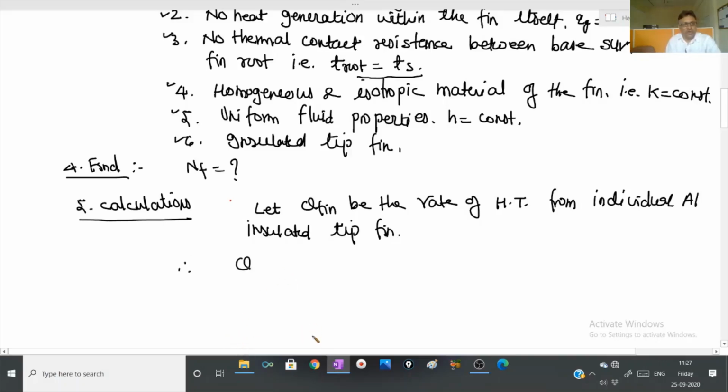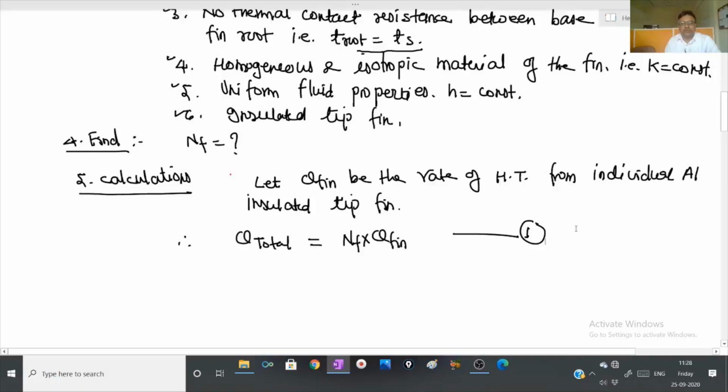So in order to dissipate this total amount of heat from the semiconductor device, Q total will be equal to number of fins into heat dissipated from one insulated tip fin.